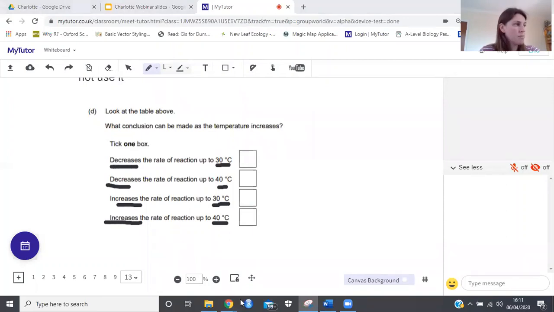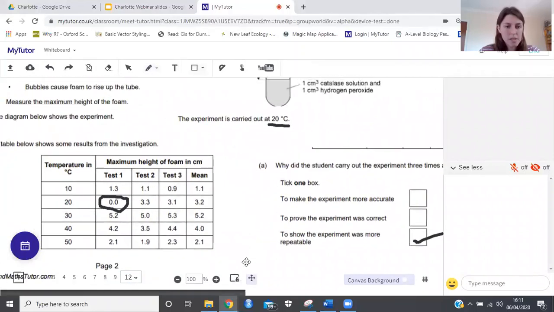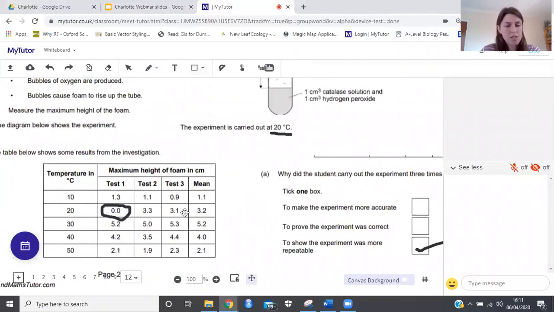So let's move back to our table. We talked about up to 30 and 40 here. So if we have a look at our mean column, the maximum height of foam has increased up to 30 and then starts to decrease a little bit.